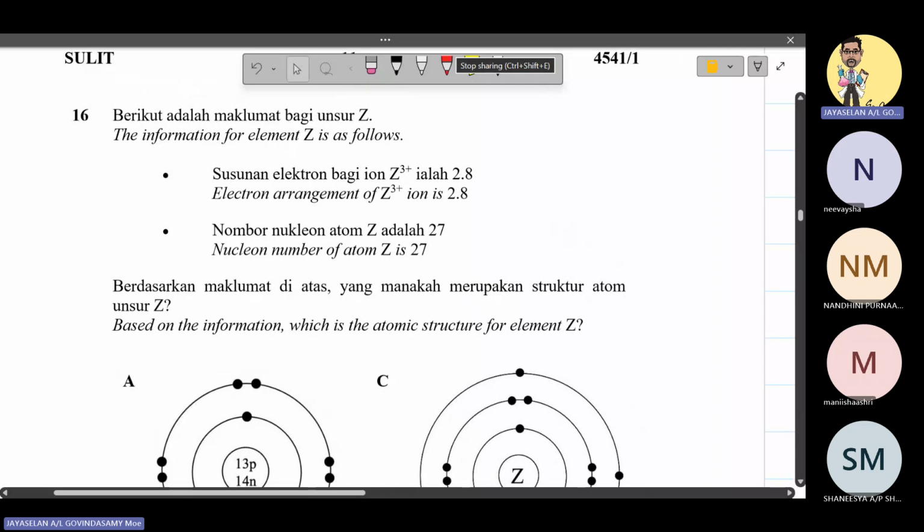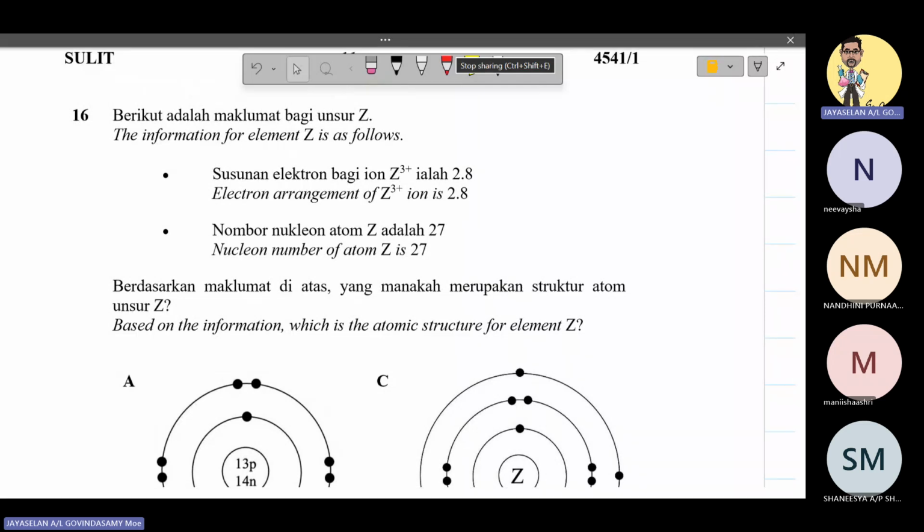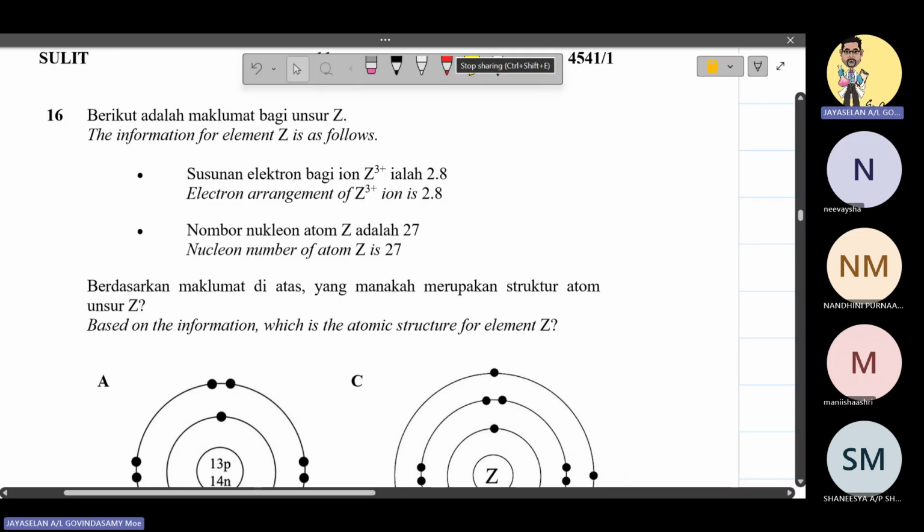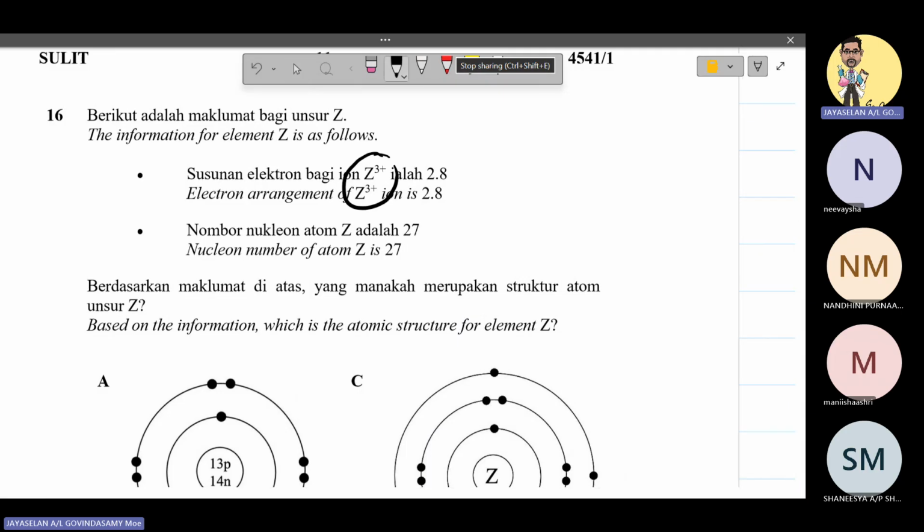Which of the following, when they give you this type of question, you must memorise. We do this last question. After this, I share and you all do. They put here Z with 3 positive. That means this is a cation.